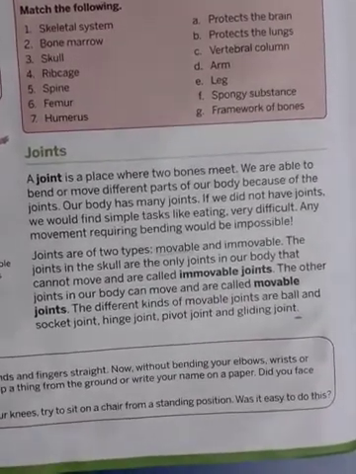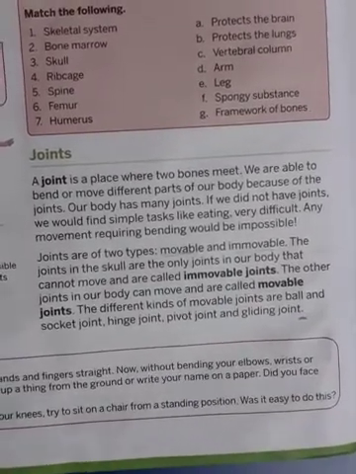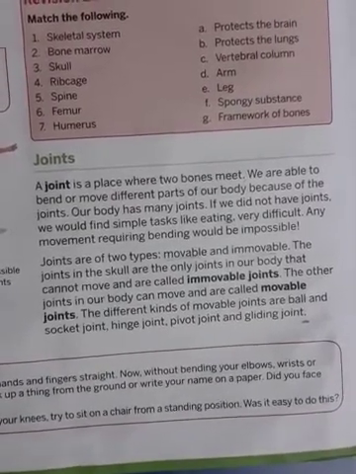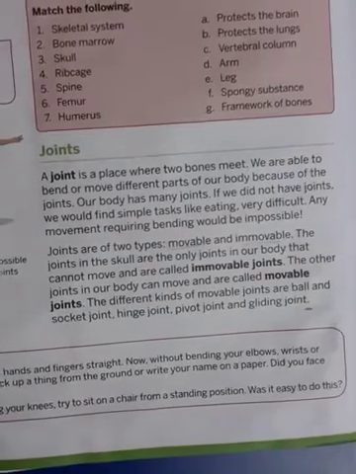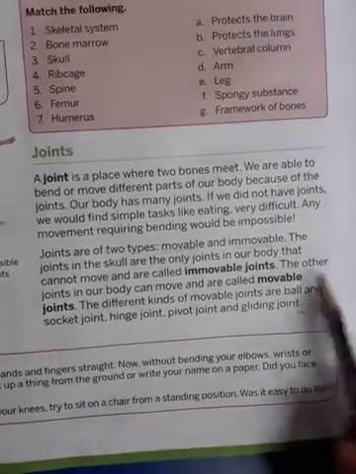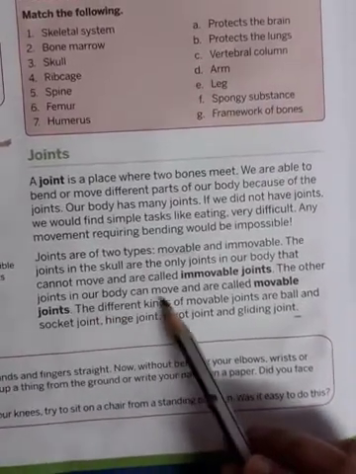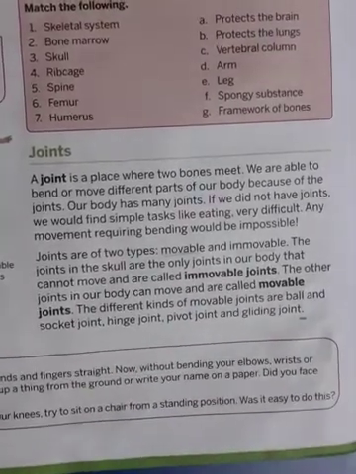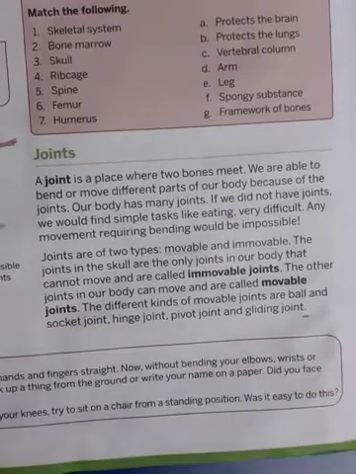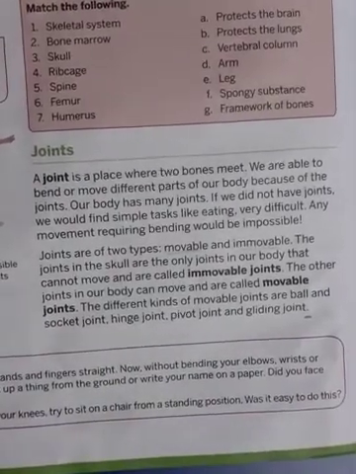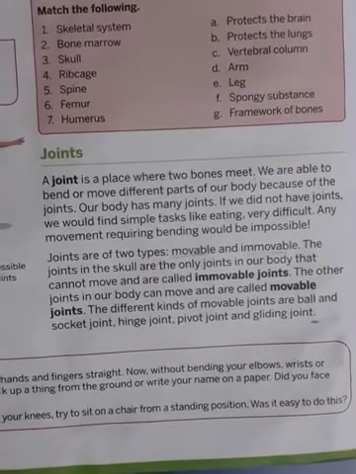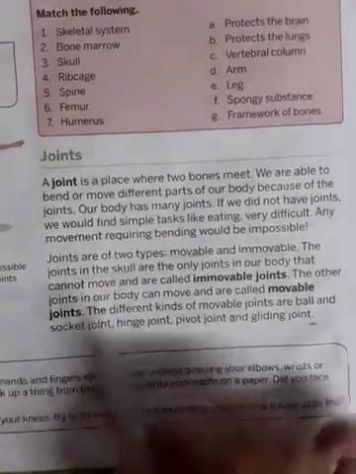Rest, all the joints are movable. The joints that can move are called movable joints and the joints that cannot move are called immovable joints, and immovable joints are found in the skull.